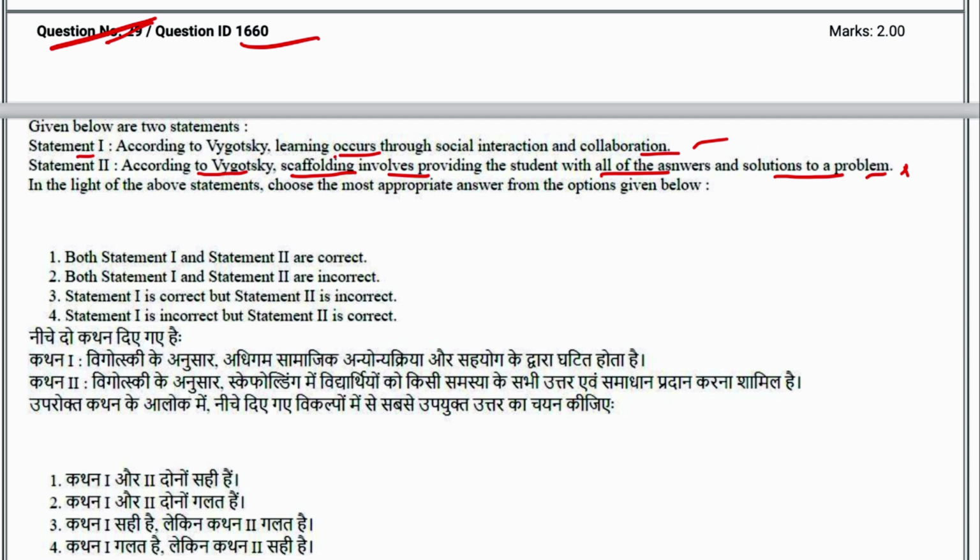Scaffolding involves making suggestions, asking prompt questions, and not providing all the answers and solutions to a problem. Now they asked this question in the June 2023 exam paper. So they might ask that the scaffolding technique relates to whom. So remember this, Vygotsky. So statement 1 is correct and 2 is incorrect. 3 is the answer.